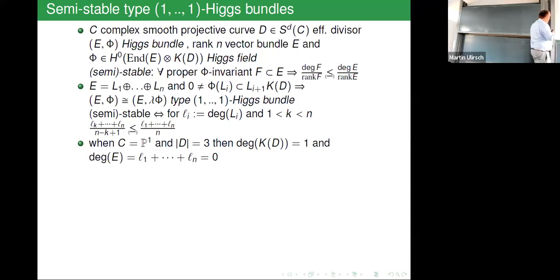Then this bundle will have sections, and therefore we will have Higgs bundles of this type. And because of this degree equals 1, the Li's can only go down by 1. That will be important for the equivalence. And then we restrict to the case where the degree is 0.